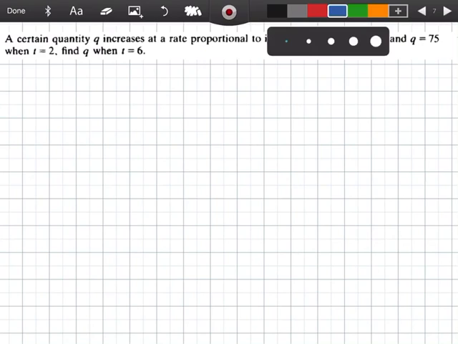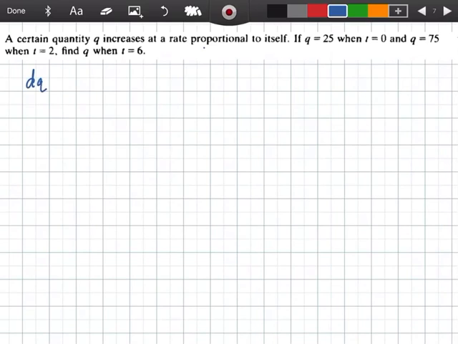So, a certain quantity Q increases at a rate proportional to itself. So, pag sinabing ganyan, at a rate proportional to itself, dQ over dt is equal to kQ.